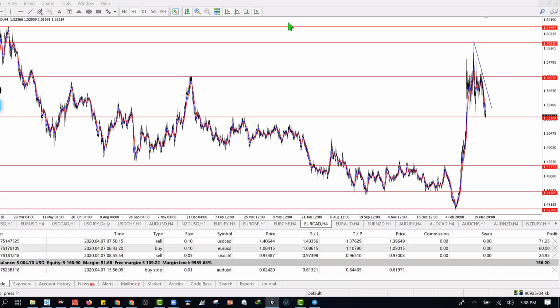We need more space to work so we can make the drawing. Right here we have one, another one, and another one. So let's quickly discuss these candle formations on our trading chart.